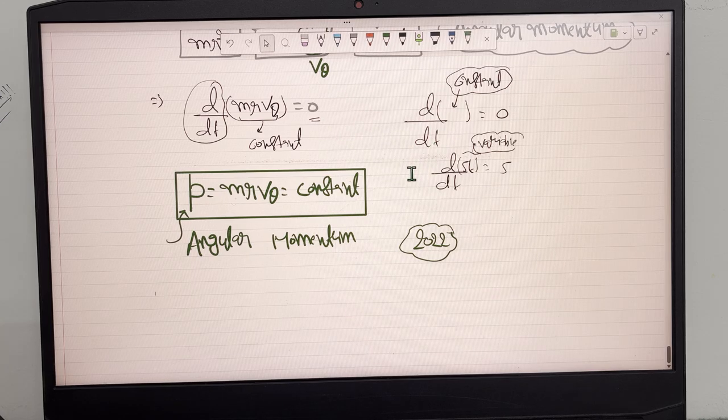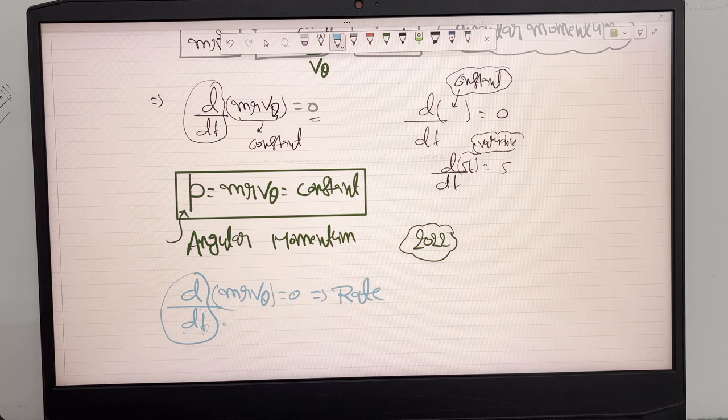So that means what you can write from here, keywords. Let me write again for you. d by dt of m r b theta, if it is 0, that means whenever dt is in the denominator, the derivative is with respect to time, and that is called rate.